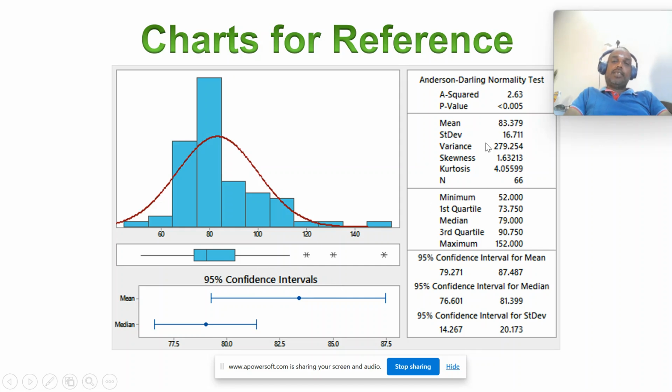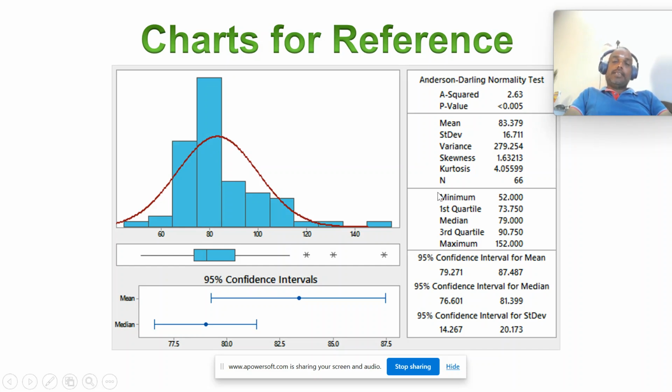Here we get the mean value, standard deviation, variance, skewness, kurtosis, and the number of values. Skewness is nothing but how the data is spread from left to right. Kurtosis is the height of the curve. These are the characteristics.